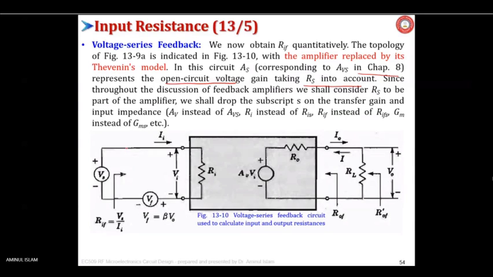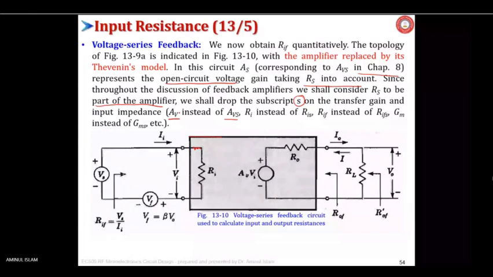Actually, earlier we have seen in chapter number 8, it was here. So now it is possibly taken inside this block. Since throughout the discussion of the feedback amplifiers, we shall consider RS to be part of the amplifiers. It is somewhere here, inside this. We shall drop the subscript S on the transfer function gain and input impedance. So we are going to write AV instead of AVS.